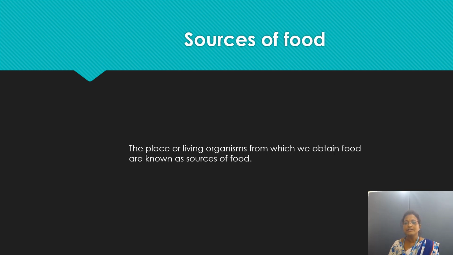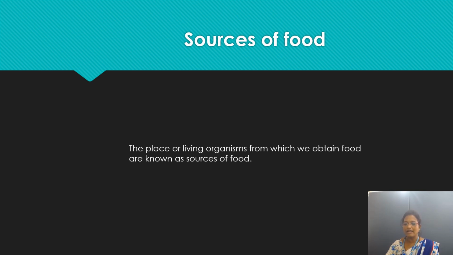So next, sources of food. What do you mean by sources of food? The place or living organisms from which we obtain food are known as sources of food, isn't it? So once again, I'll repeat this definition. Sources of food: the place or living organisms from which we obtain food.